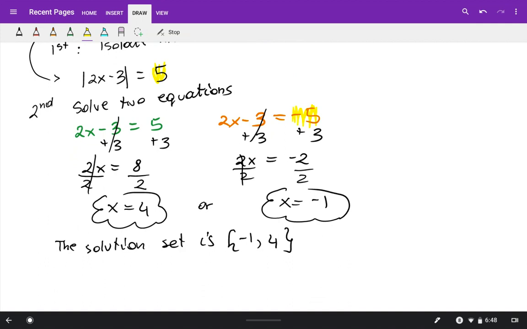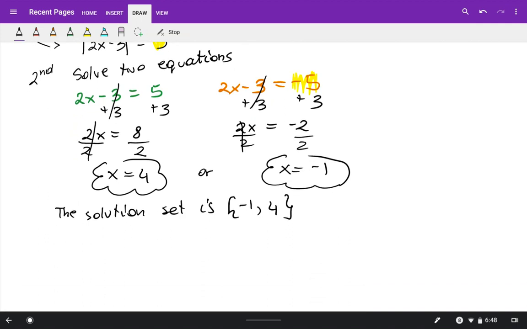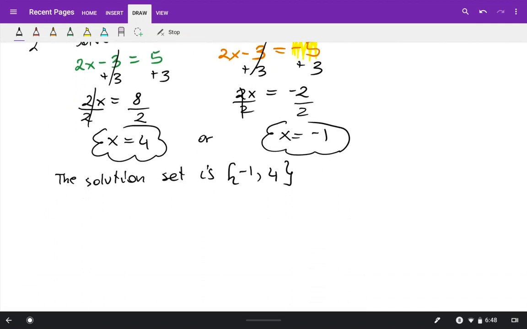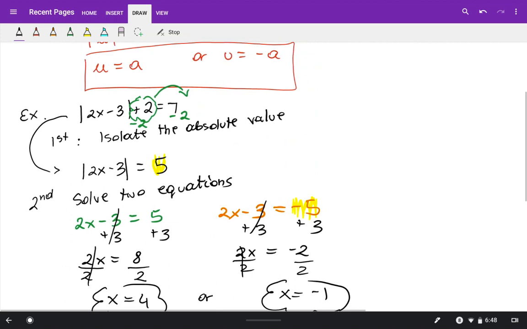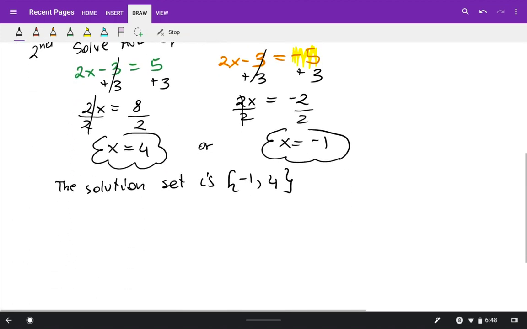So what I also want to show you is how to solve absolute value equations when you have two absolute values. So this is example 1. Let me give you the equation.